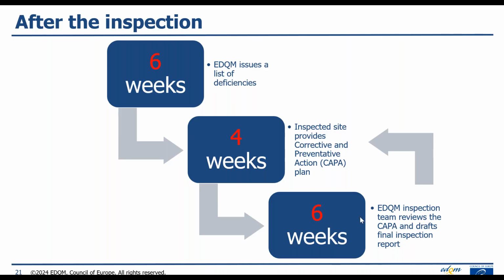Then the timelines would repeat themselves. We go back to this step here where the company would have 4 weeks to address the inspection team's comments, and then we would have a further 6 weeks to review the updated CAPA plan and draft the final inspection report.